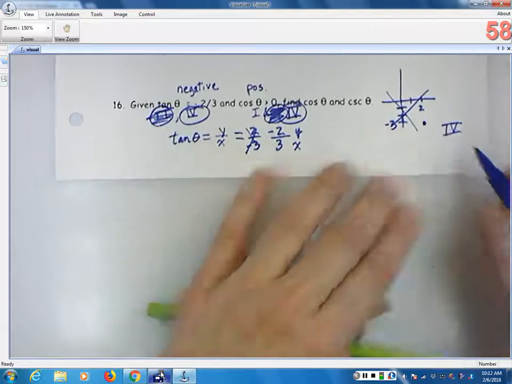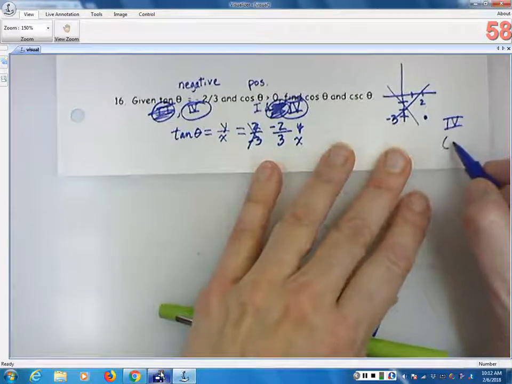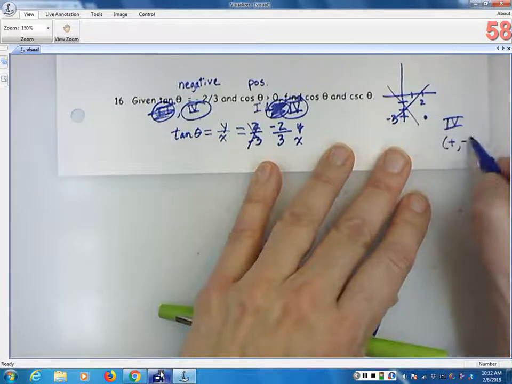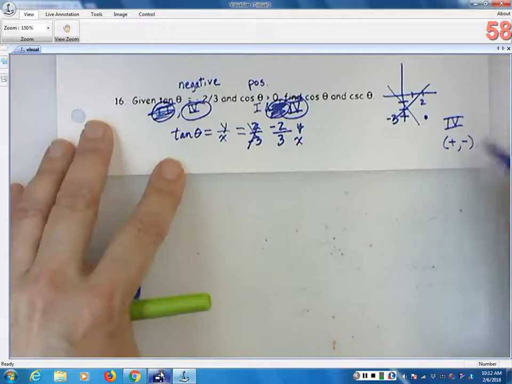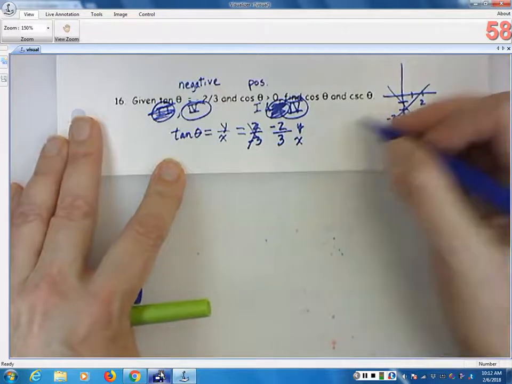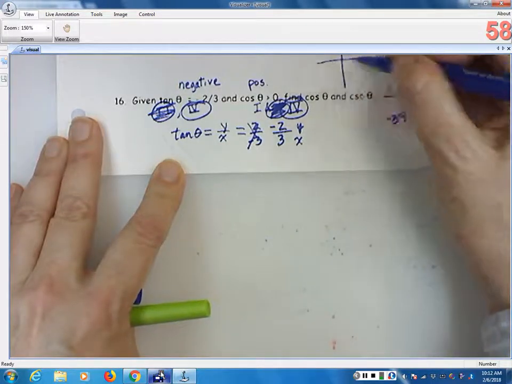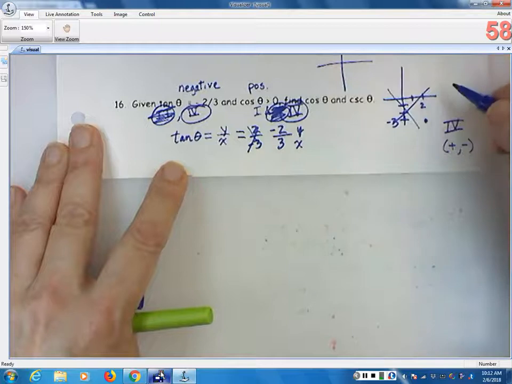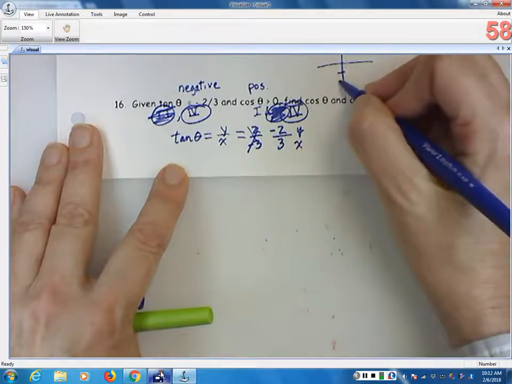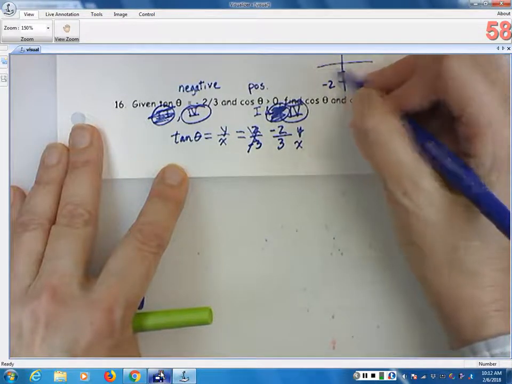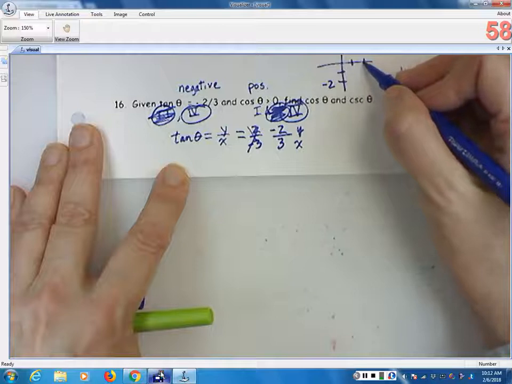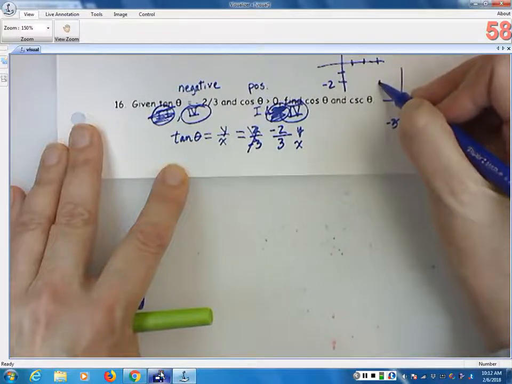So start again here. y is negative 2, x is positive 3. We're here.